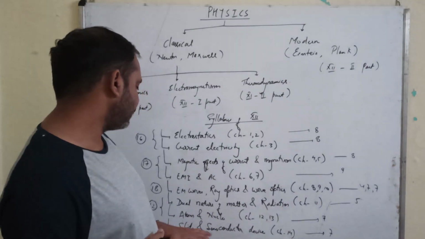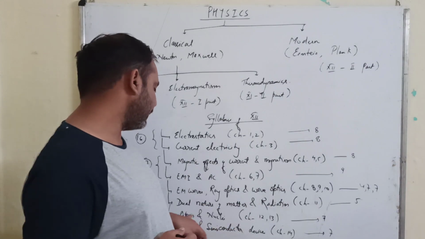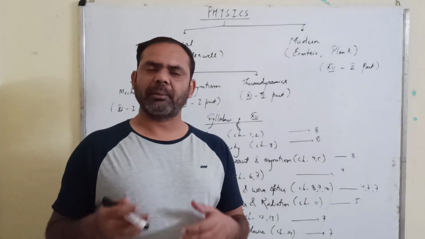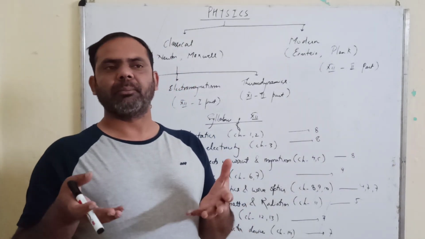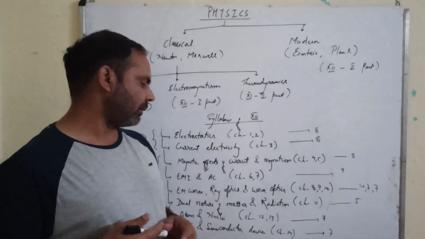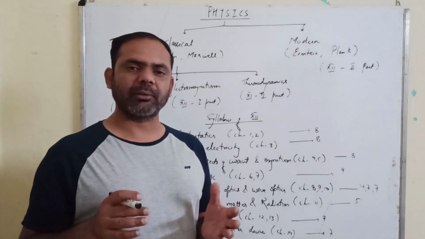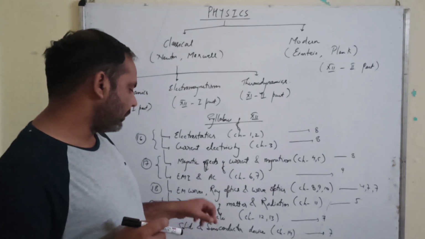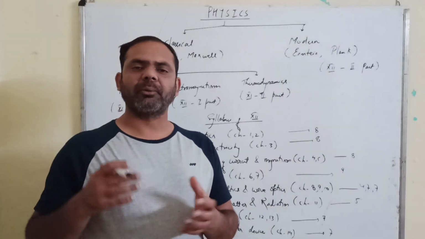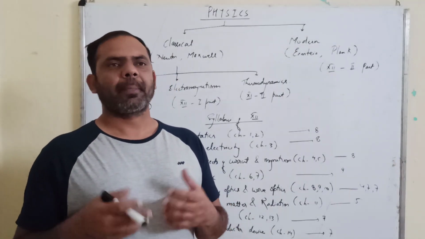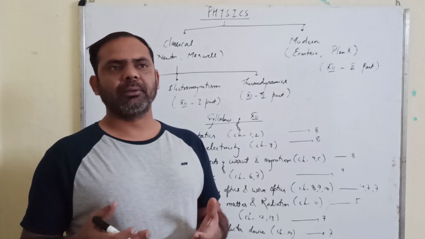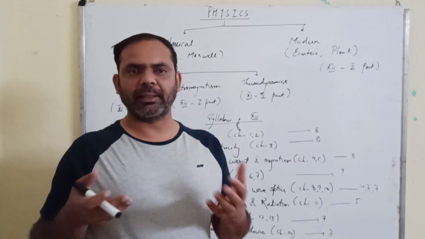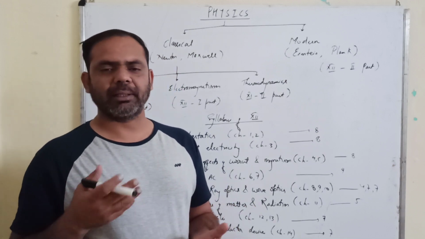Then we have two chapters, 12 and 13, atoms and nuclei. We'll discuss the atomic models in this chapter, and more precisely the Rutherford model and Bohr's model. In chapter number 13, nuclei, we will discuss the nuclear composition and how the nucleus gets stable by releasing energy, and nuclear reactions like fission and fusion.